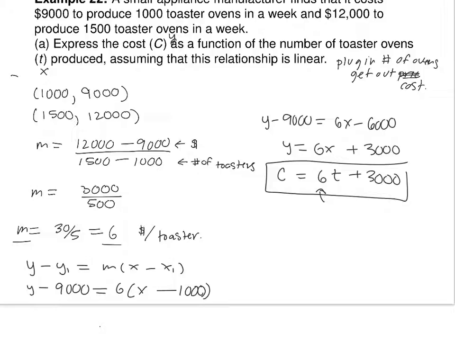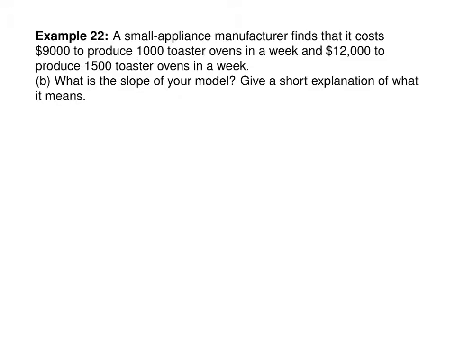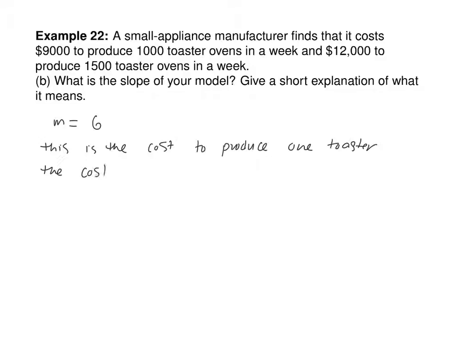And so the rest of the questions for this problem, we're just interpreting what these things mean. So what is the slope? It is 6. And this is the cost to produce one toaster, right? Or you could say the cost per toaster is $6.